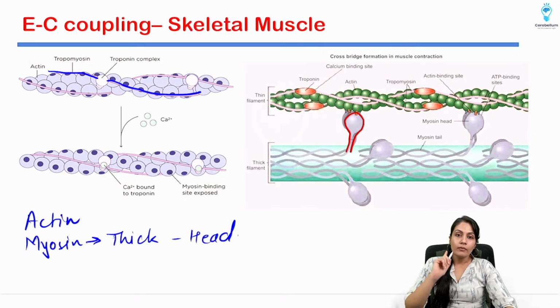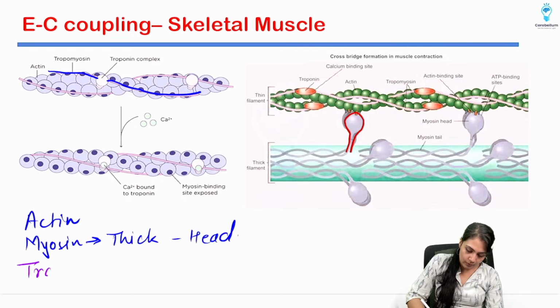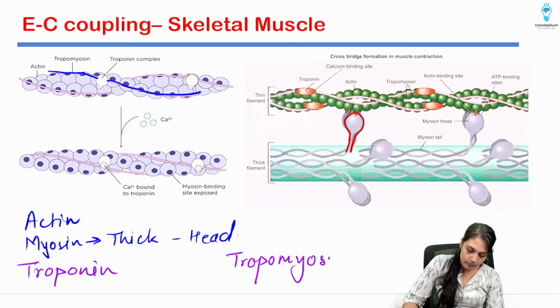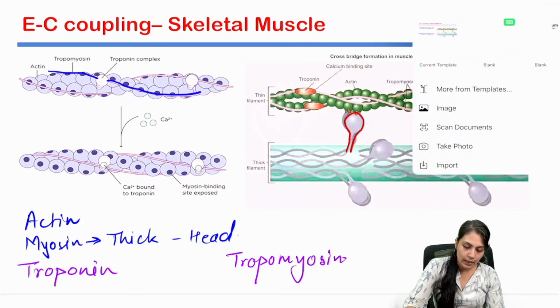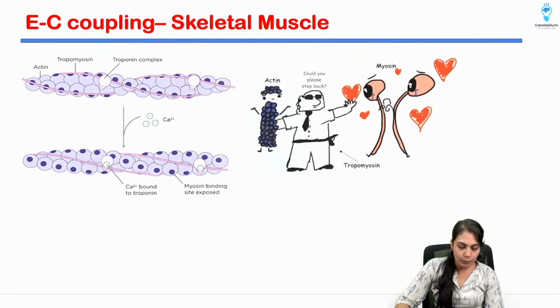But we do have some important protein molecules also. And what are those protein molecules? First is going to be the troponin, and second is going to be tropomyosin. Now remember about the troponin and tropomyosin, I'm going to show you one diagram over here.